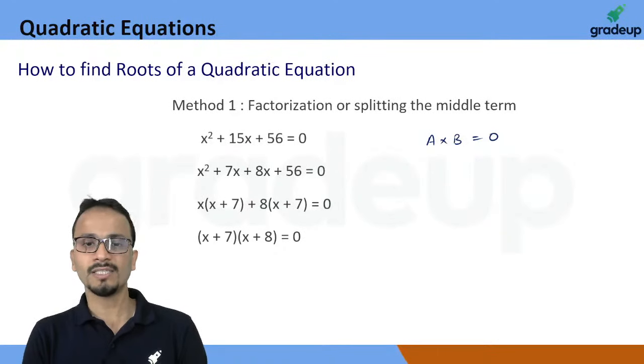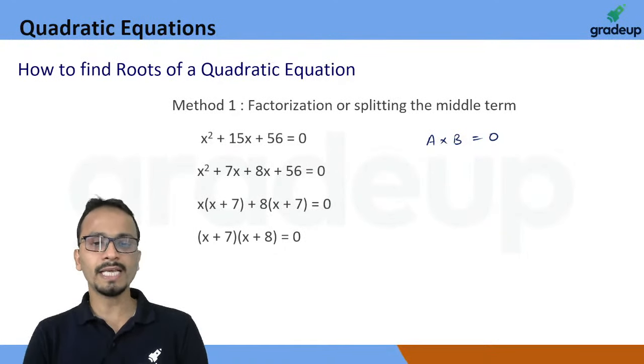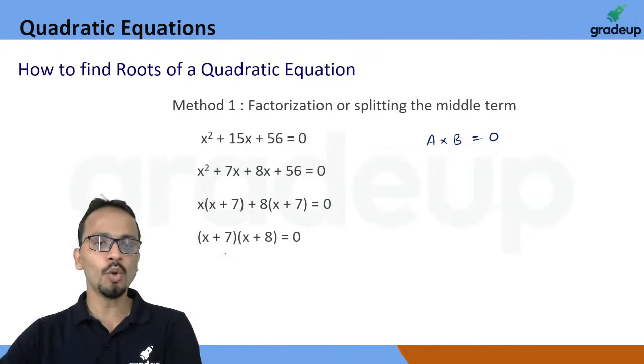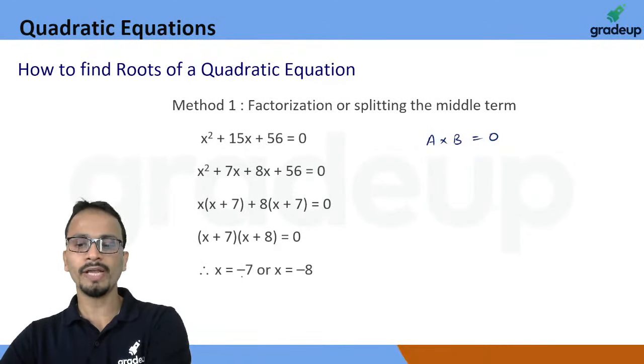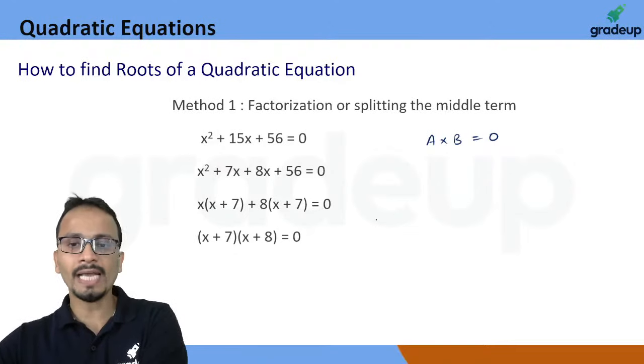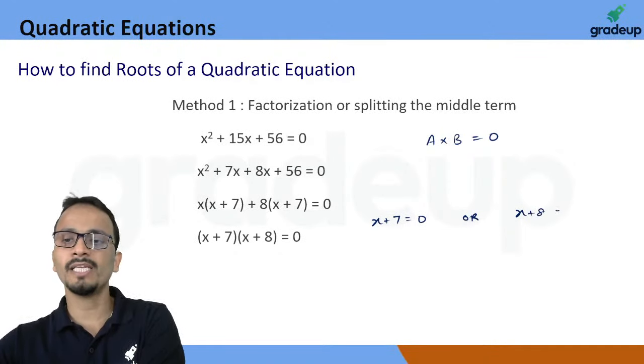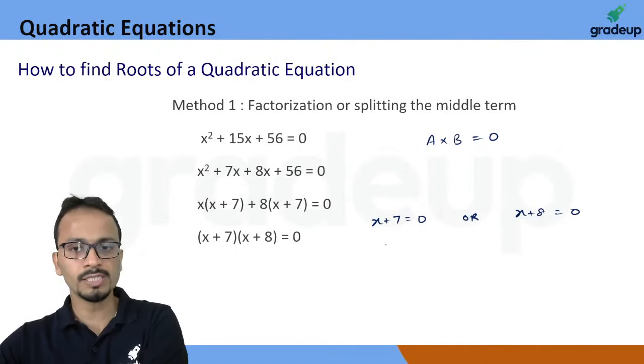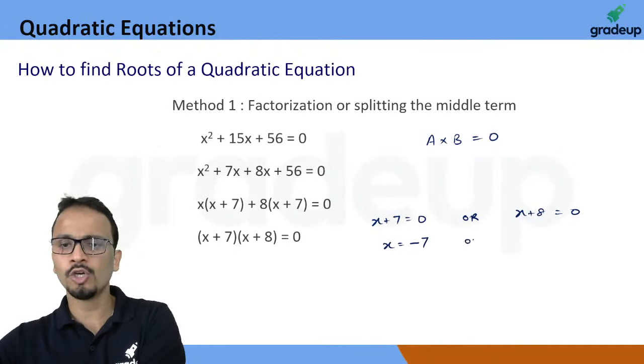Yes, we can say that. So in this case, either x plus 7 will be equal to 0, or x plus 8 will be equal to 0. From this, the value of x can be either minus 7 or it can be minus 8.